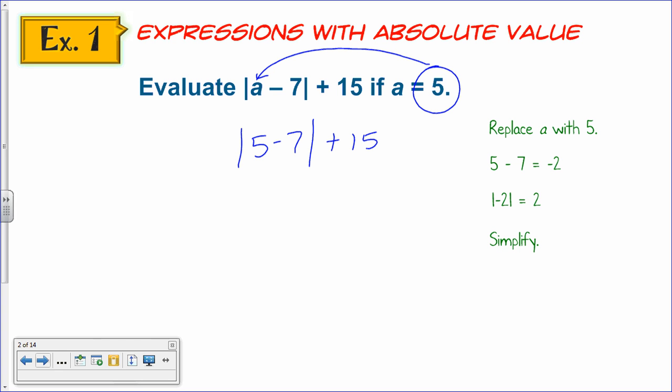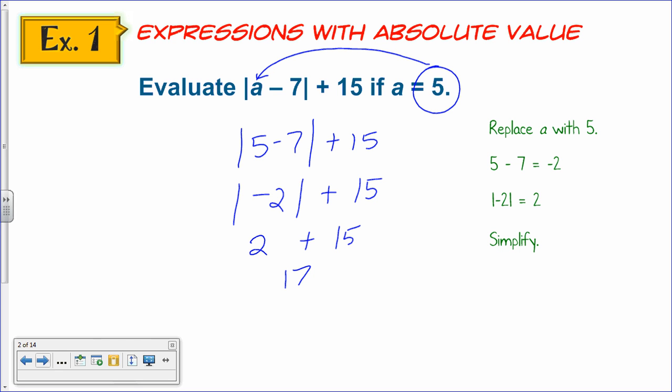So what's 5 minus 7? Negative 2. Now keep your lines. What is the absolute value of negative 2? It's 2. So on my next line, I write a positive 2 right underneath. Then bring my plus down, bring my 15 down, and simplify. That gives me 17.